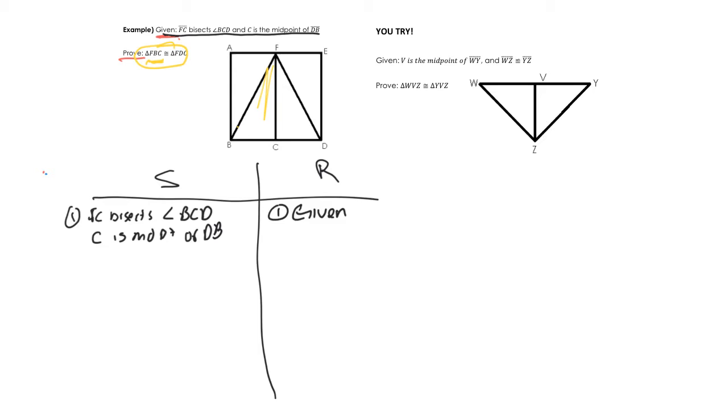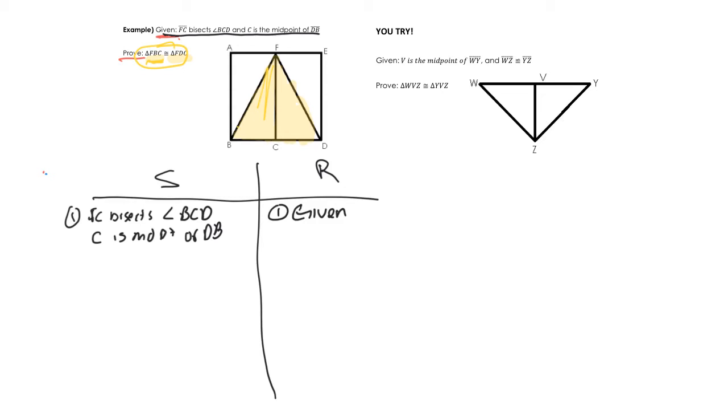I'm going to highlight it so it's a little easier to see. I want to prove that it is congruent to FDC, this one. So I don't care about these two triangles right now. I care about these two yellow ones.